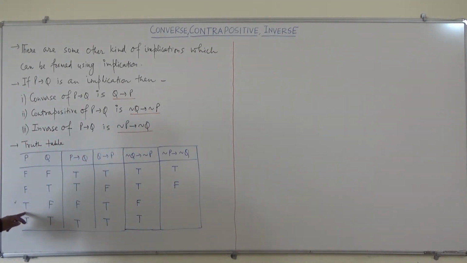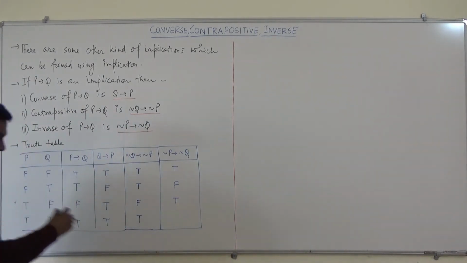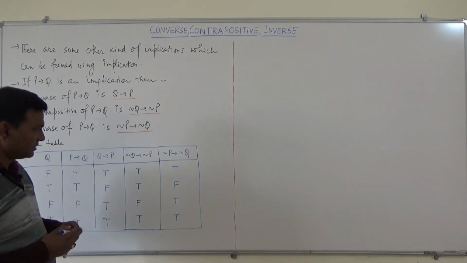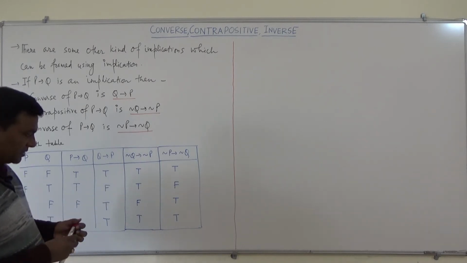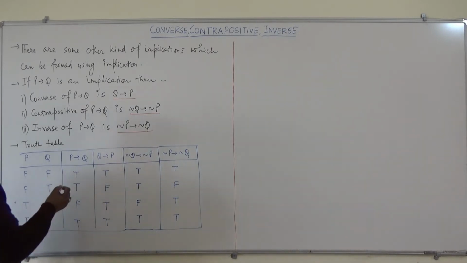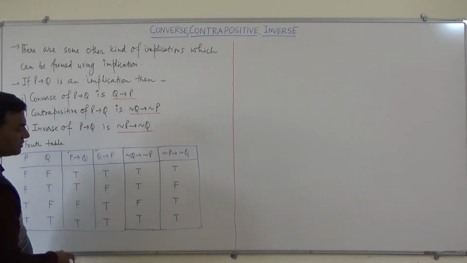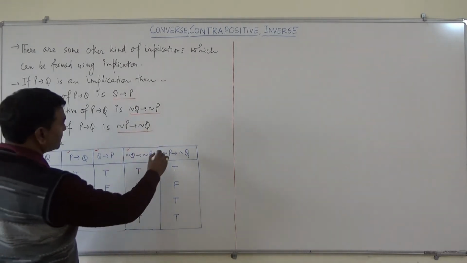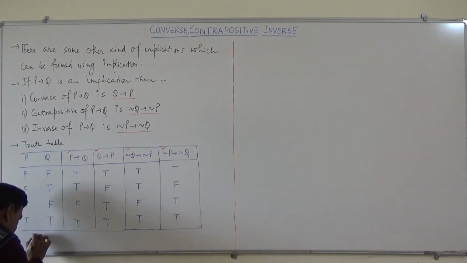Then not P is false, not Q is true, so false true is true, and then false false is true. So this is the fourth implication, that is inverse. So first is implication, second is converse, third is contrapositive, and fourth is inverse.